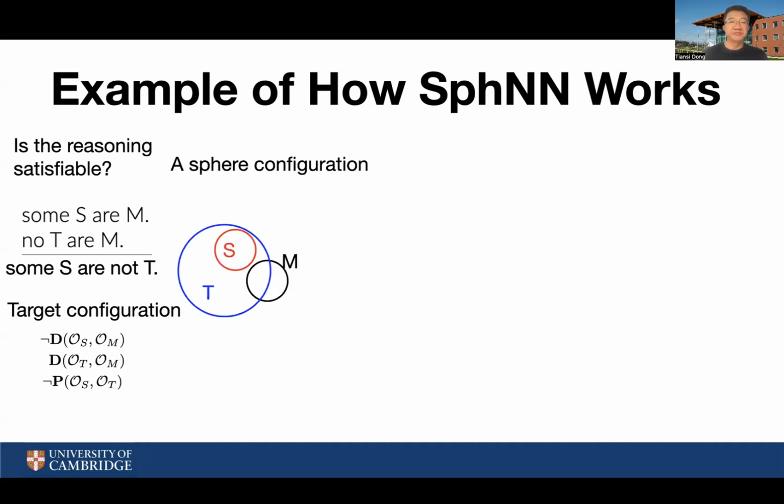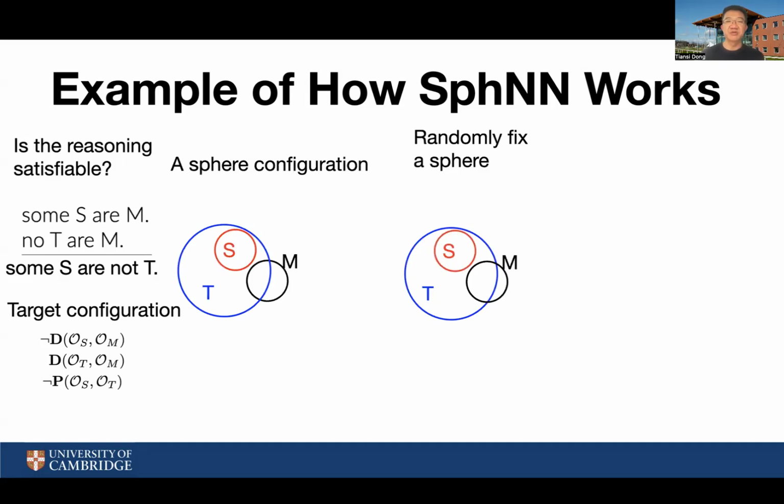Let's say this is the current configuration. The control process will first randomly fix a sphere. Let's say it fixed S. Then it checks the relation between S and M, S and T. If M is disconnected from S and the target is that they should be somehow connected, the network will use gradient descent to move M towards S till they are somehow connected.